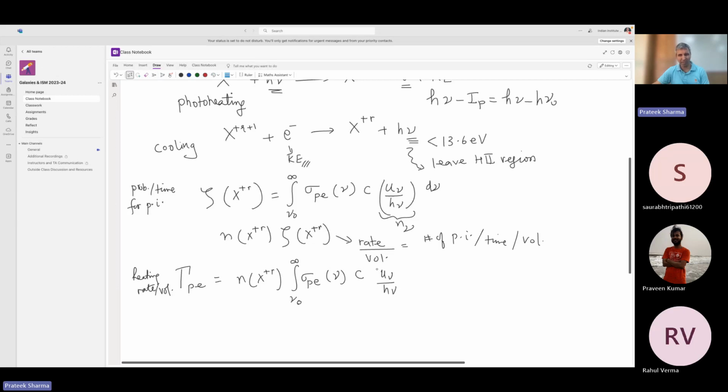It's the same expression. Now I'm actually writing energy rather than just the probability. So you'll have h nu minus h nu naught, right? This is the energy that's produced, that's with the photoelectron, which it thermalizes with the rest of the plasma through collisions.